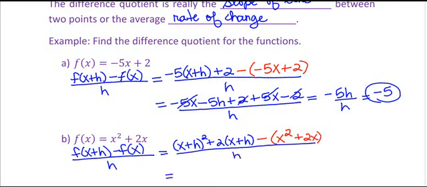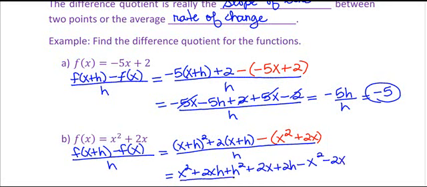So when we simplify this, x plus h squared, we did that earlier, is x squared plus 2xh plus h squared. Now we may distribute to get plus 2x plus 2h minus x squared minus 2x all over h. And you're going to find some nice cancellation here. The x squareds and the 2x's divide out.